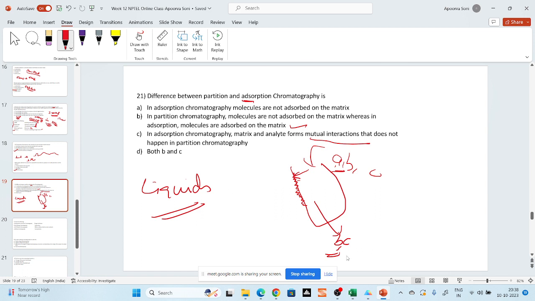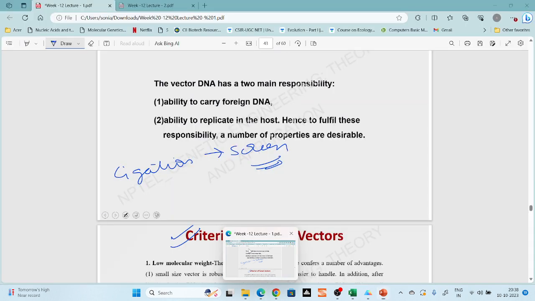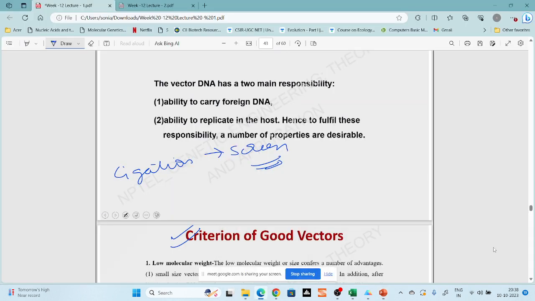Okay, now we'll just see one or two concepts again and then we'll solve the questions. So we were dealing with the good vector. What is the basic need of a vector? That vector will carry the foreign DNA and it is able to replicate in the host.